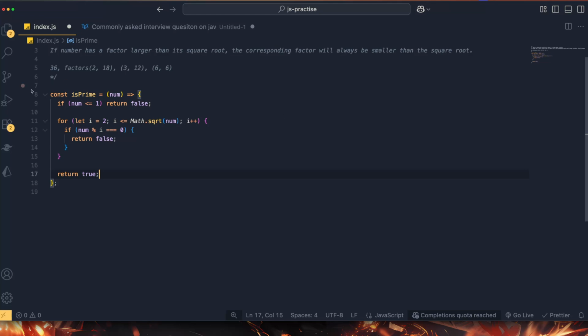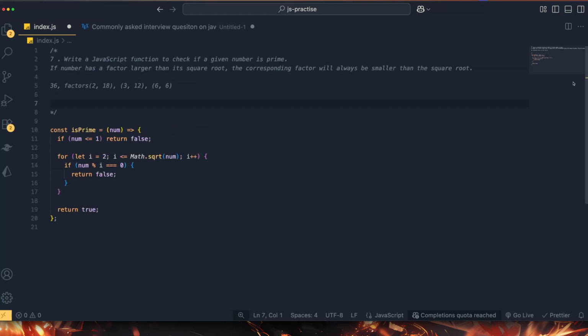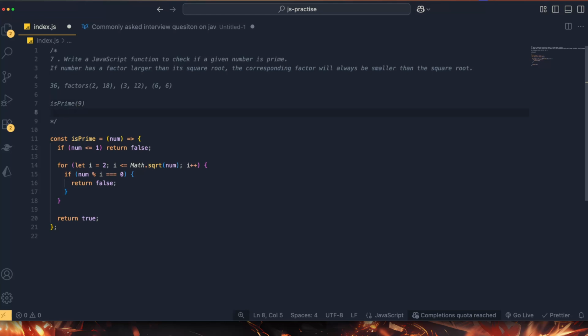So let me show you over here. Let's say I'm supplying the value to isPrime as 9. The loop starts from i equals 2, so the i value becomes 2, then it gets inside and checks the condition 9 % 2 not equal to 0.